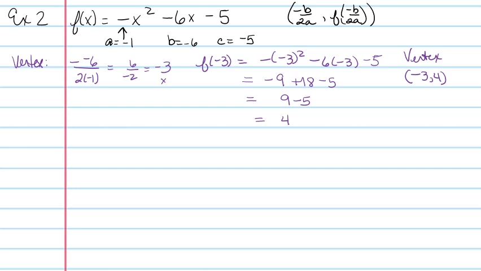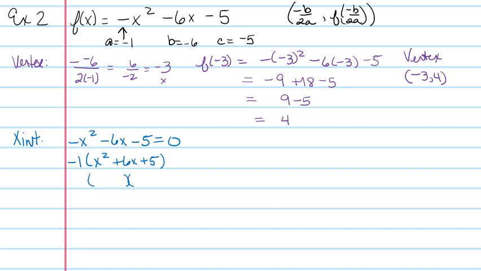Okay. Now I'll do my x-intercepts. And this is where I take the quadratic and set it equal to 0. Now it is factorable, but I'm going to factor out a negative 1 first, because a is not positive, so there it is.